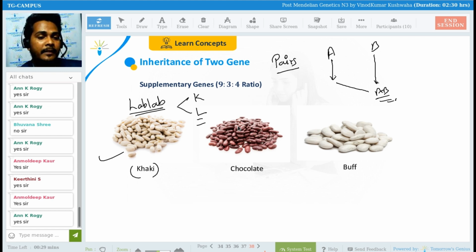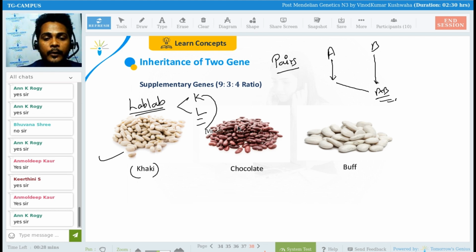Yes, how many of you know about the khaki color? This color is called khaki color. This is chocolate and this is buff. Are you getting my point? So what happens if there is no effect, that means dominant K independently produces the khaki color.